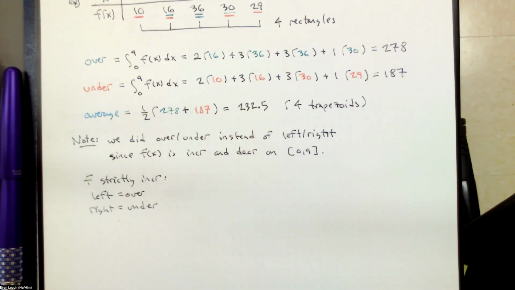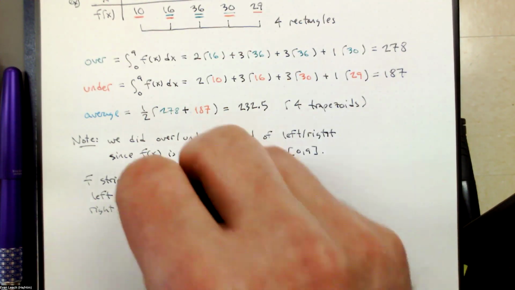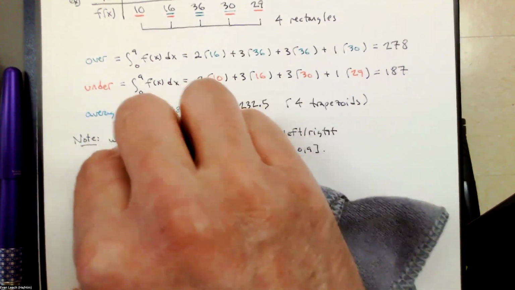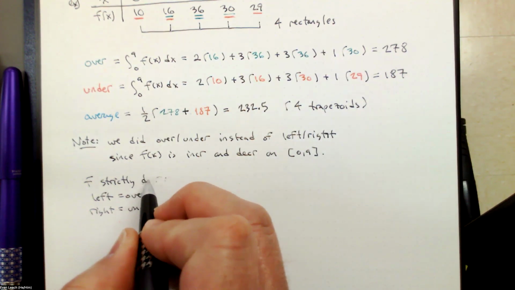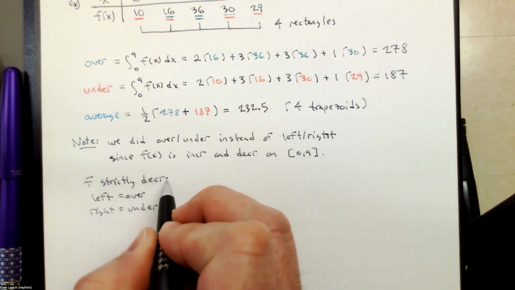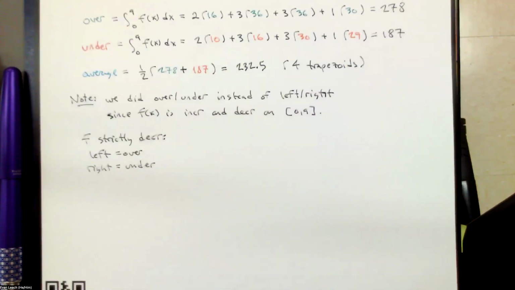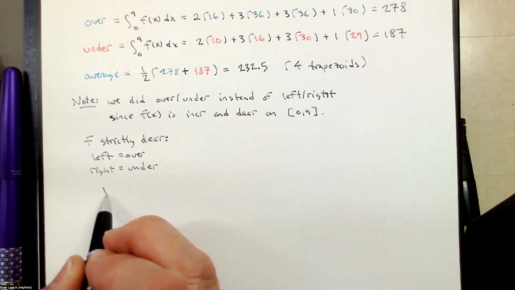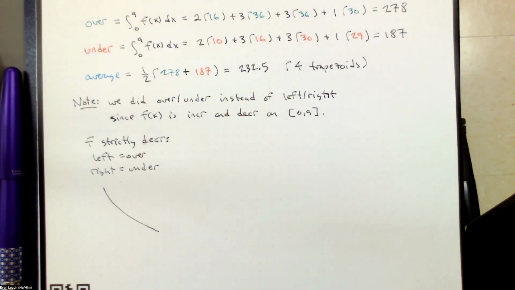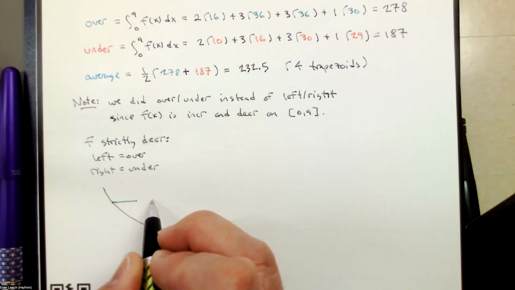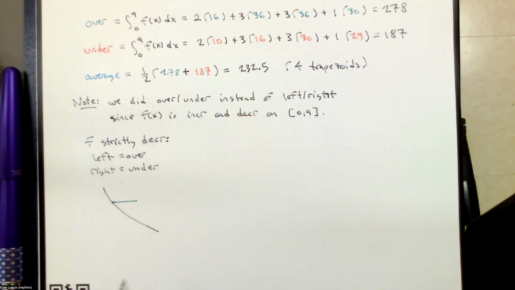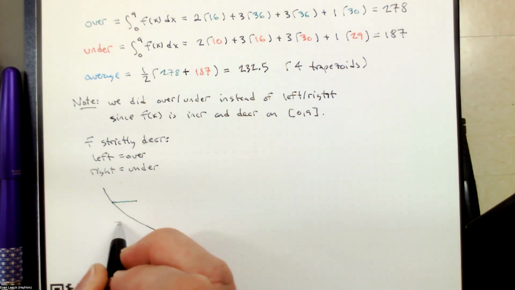Like we saw yesterday, if f is strictly decreasing, then the left will be an overestimate and the right will be under.